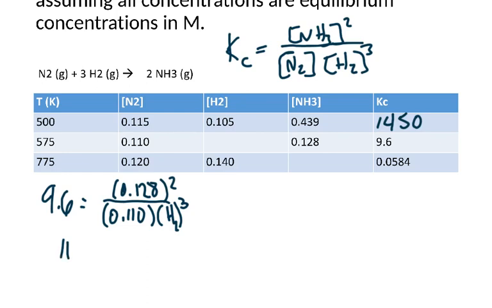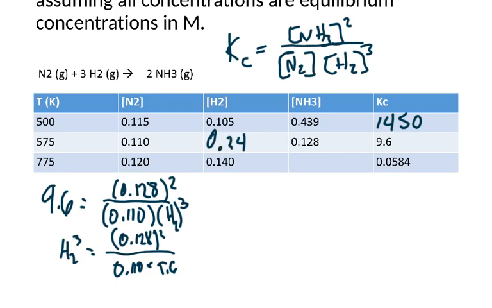So our H2 cubed is going to be our 0.128 squared over 0.110 times 9.6. Then we can solve for the cube of it, and then take the cubic root, get an answer of 0.249.